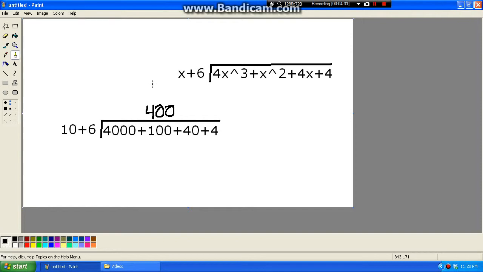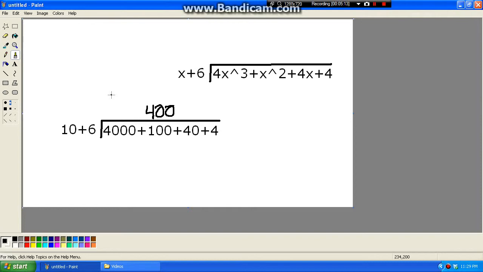But wait, you say, how do you know it goes in exactly 400 times? And you're right. Because normally we also check the 6, and in this case we'd also check the 4. We check how many times does 16 go into 41, not just how many times 10 goes into 40, because 10 goes into 40 4 times, but 16 only goes into 41 twice. Reason for this is the 6.